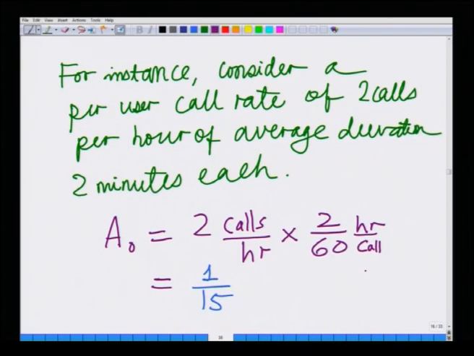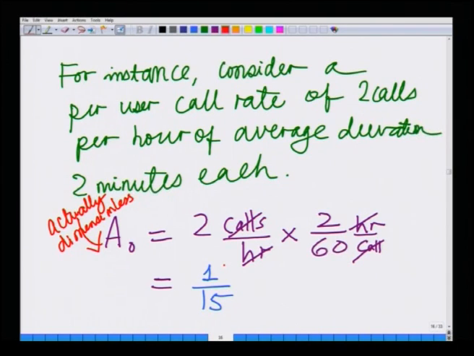Hence, if you look at this, these units cancel out and the traffic is actually a dimensionless quantity. However, similar to a dB-like quantity, this traffic is measured in units of erlangs.